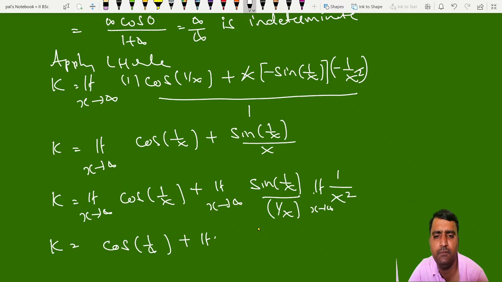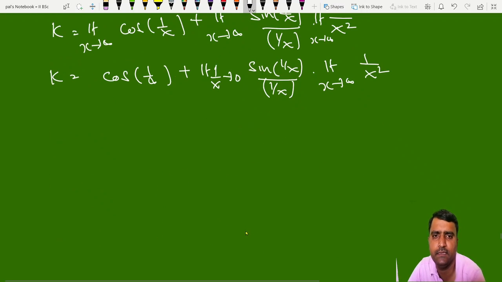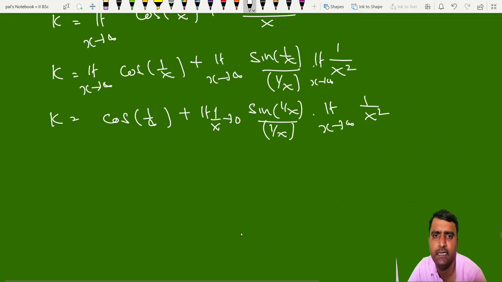So limit 1 by x tends to 0 into sine of 1 by x by 1 by x into limit x tends to infinity 1 by x square. Okay, it is now visible. Yeah, it is sine of 1 by x by 1 by x, limit 1 by x square.